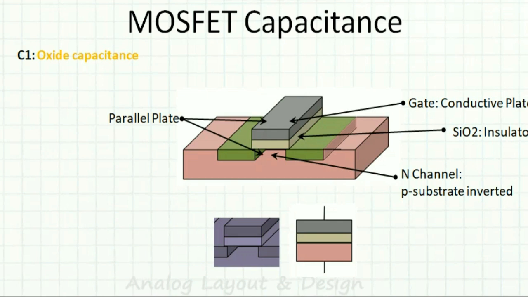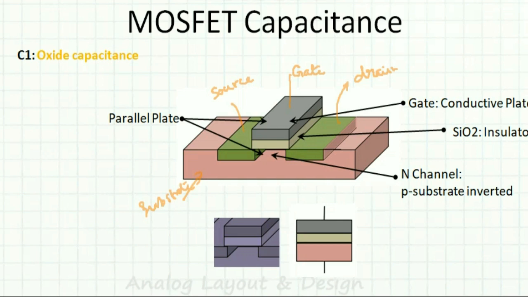Before understanding the capacitances, let's first understand what the MOSFET looks like. What you see here is the gate, this is the drain, this is the source, and this pink part is the substrate.